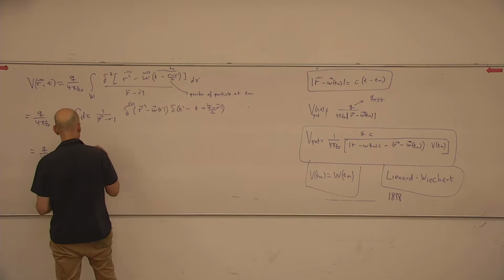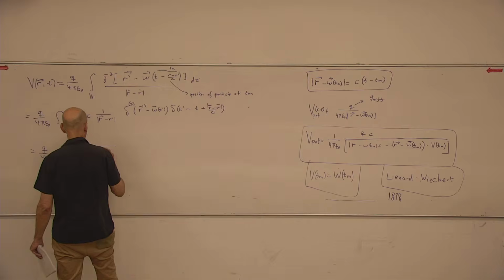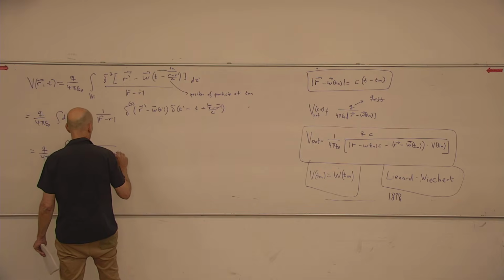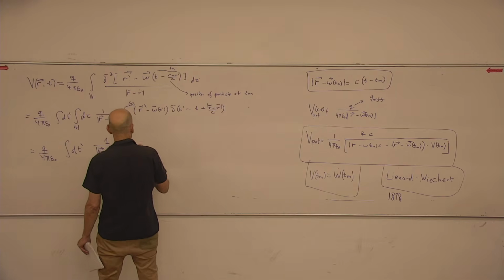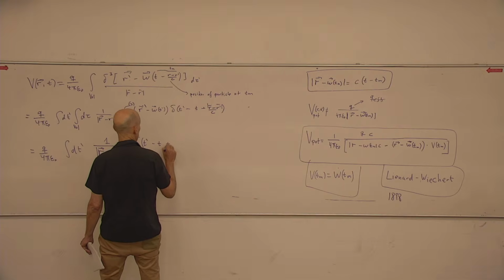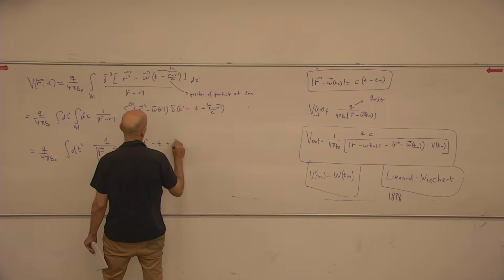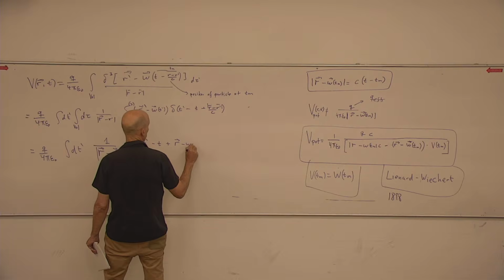And also downstairs, so I have here r minus w t prime, absolute value. Delta function of t prime minus t plus r minus w t prime, absolute value divided by speed of light.